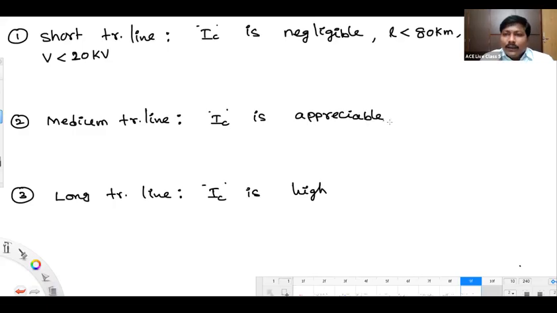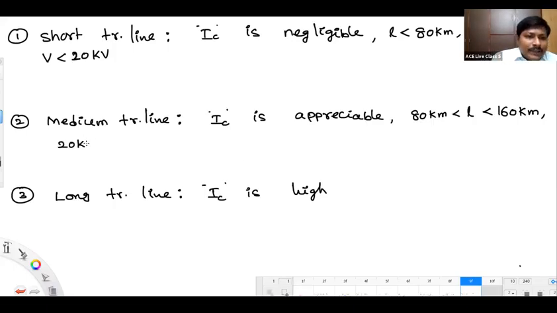And in between 80 to 160 kilometers, whereas operating voltage in between 20 kV to 100 kV, and this charging current is an appreciable number, we are going to take that line as medium transmission line.